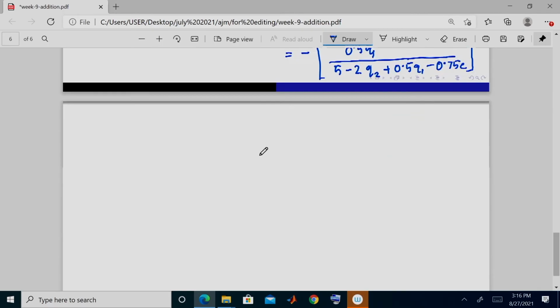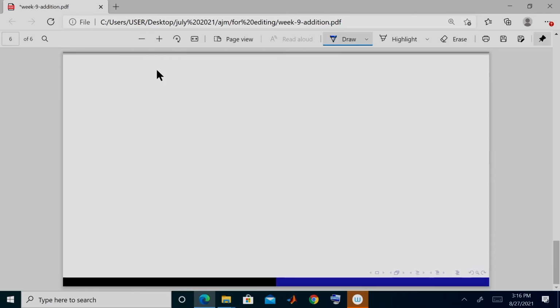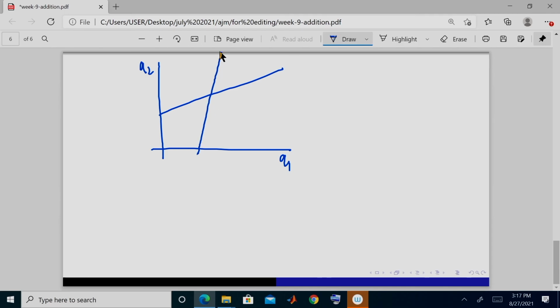Now, we derive the result. This is Q1, Q2, this is the reaction function of firm 1, this is the Cournot point, and suppose this is the Stackelberg.